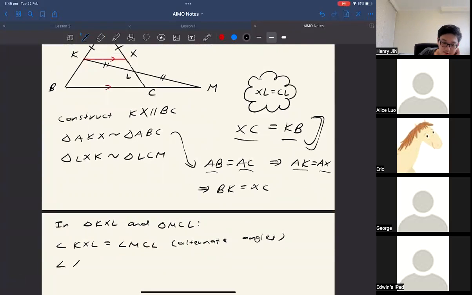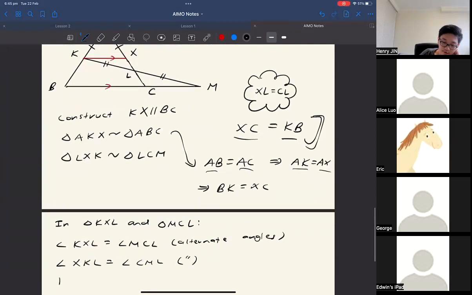You have this angle is the same, so angle XKL equals angle CML, same reasoning. And you have KL equals ML.